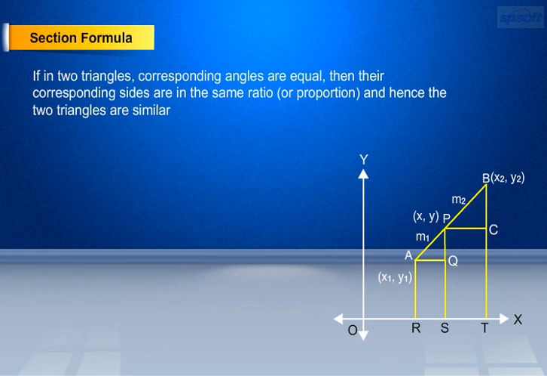Consider m1 divided by m2 equals x minus x1 divided by x2 minus x. By cross multiplication we get m1 into (x2 minus x) equals m2 into (x minus x1). m1x2 minus m1x equals m2x minus m2x1.